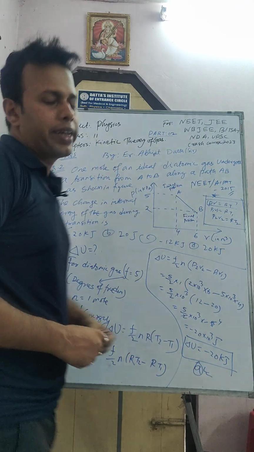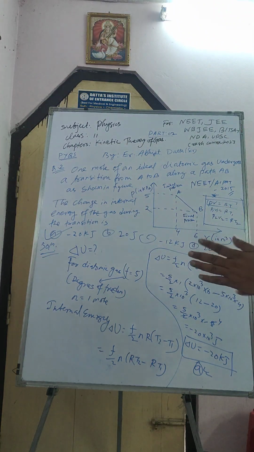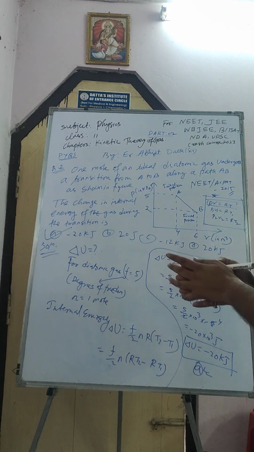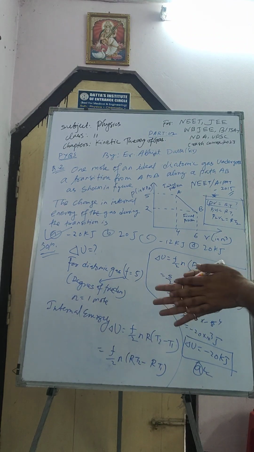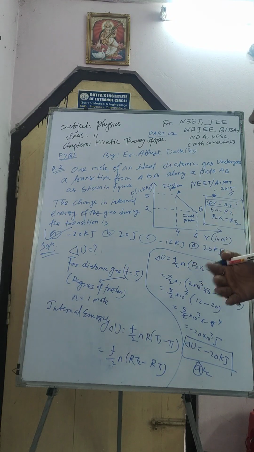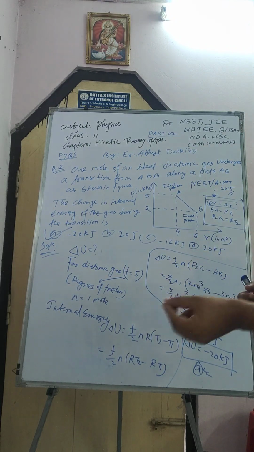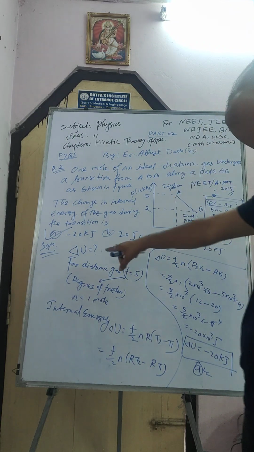So let me explain again shortly how I solved this question. The question is: 1 mole of an ideal diatomic gas undergoes a transition from A to B along a path AB shown in the figure. Due to this transition, we have to find the change of internal energy, so del U is the question mark.